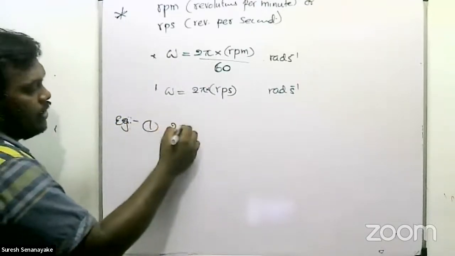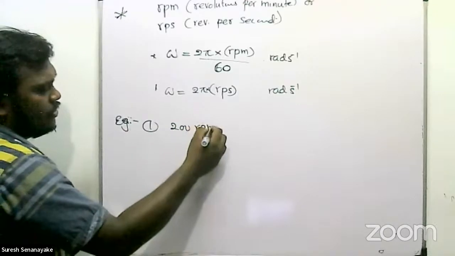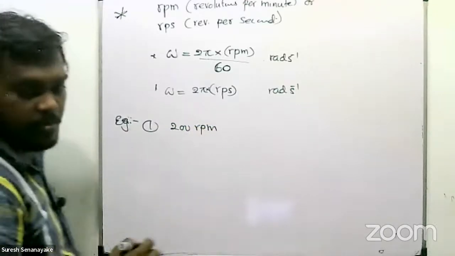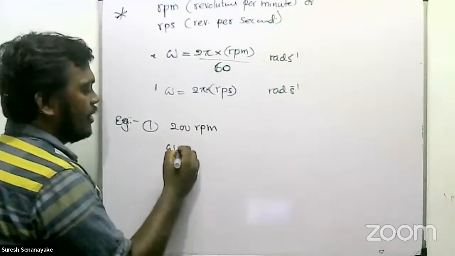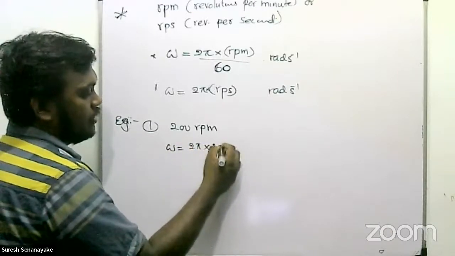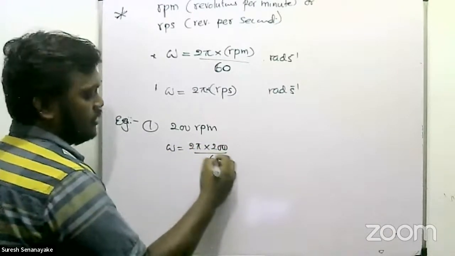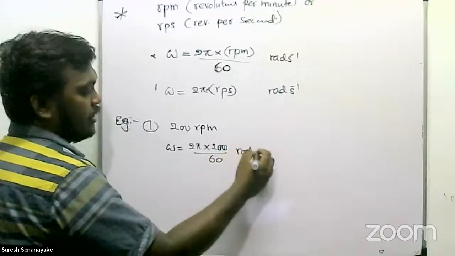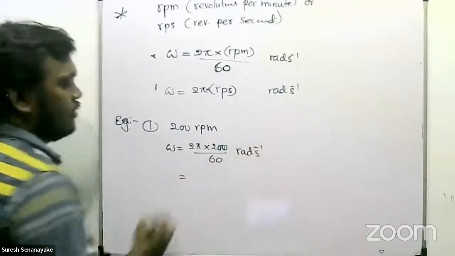This is 200 RPM of rotation. Then the omega you can write as 2 pi multiplied by 200 divided by 60. That is radians per second.